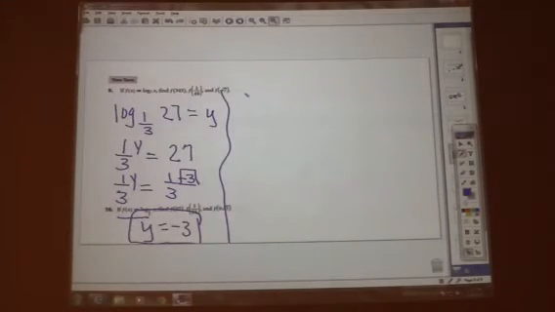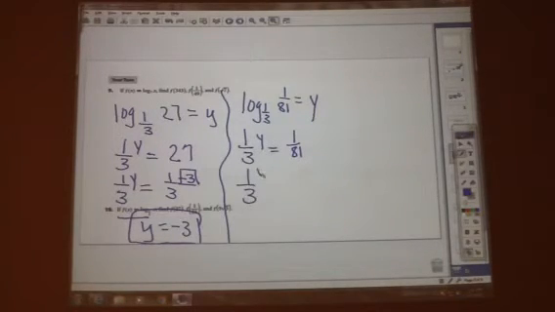All right, next one. Log base 1/3 of 1/81 equals y. One-third to the y equals 1/81. 1/3 to the y equals 1/3 to what power?